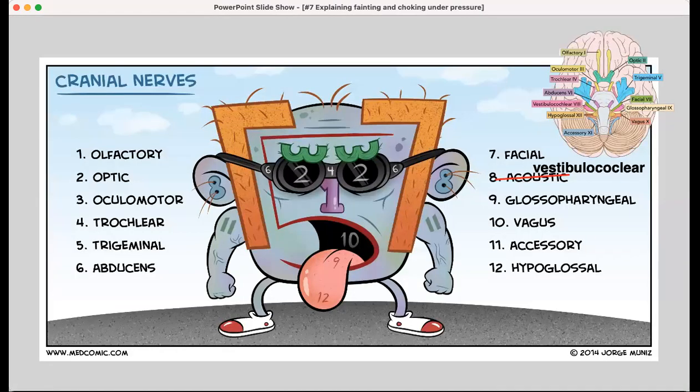If you remember the cranial nerves shown in this image that I found on Google, it shows that the vagus nerve is hidden right inside this guy's mouth. This is a great depiction of all the cranial nerves and what they do.